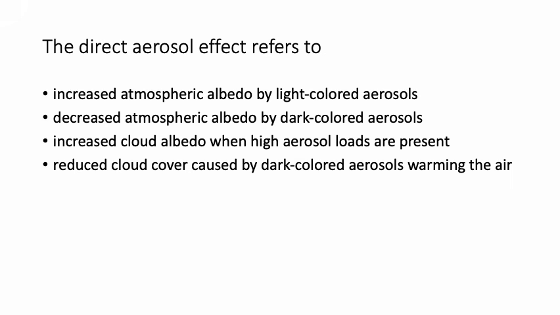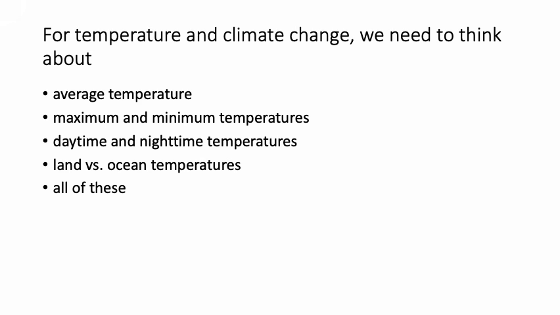So the atmosphere would cool off with light-colored or reflecting aerosols, such as sulfate aerosols from volcanic eruptions. Decreased atmospheric albedo from dark-colored aerosols, that would be from, for instance, soot in the atmosphere, pollution, and that would increase the temperature of the atmosphere.